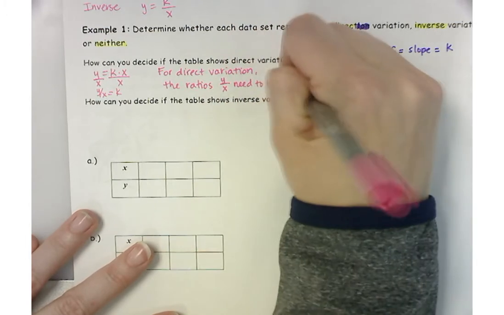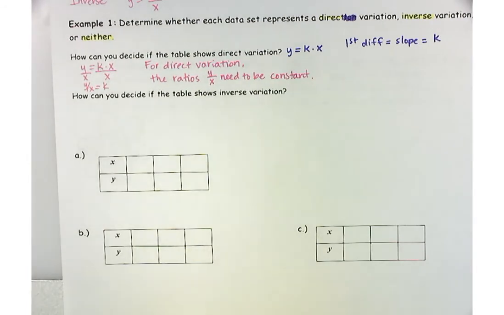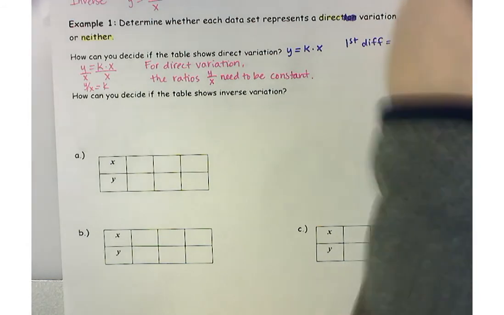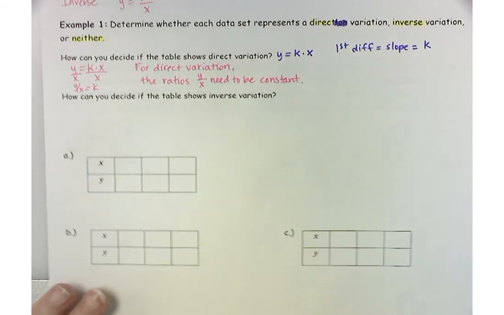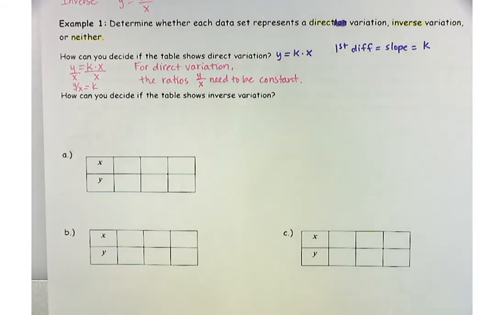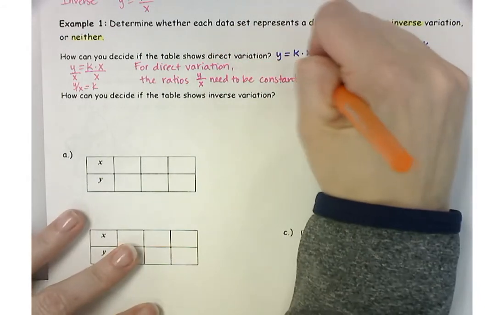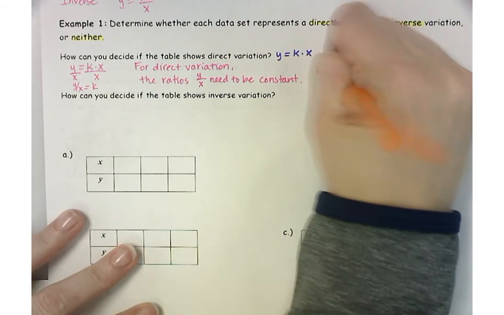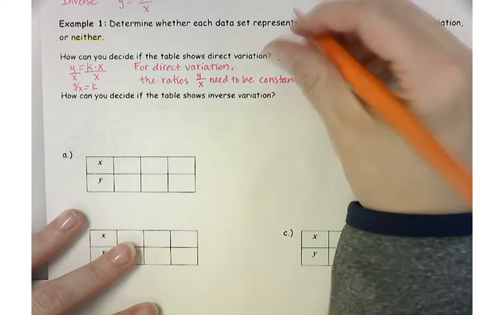So then what we're going to do for direct variation is divide. So what you're going to do is you're going to see if these ratios are constant. Okay, and this would be direct variation.